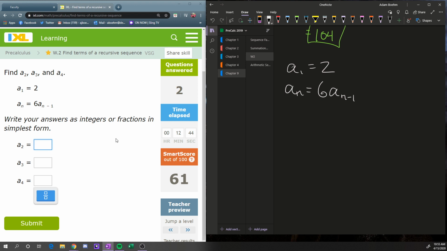Okay, so A2, again, we just replace 2 wherever we see an n. So that's 6 times A2 minus 1. And A2 minus 1, if we simplify that subscript, that's just A1, right?